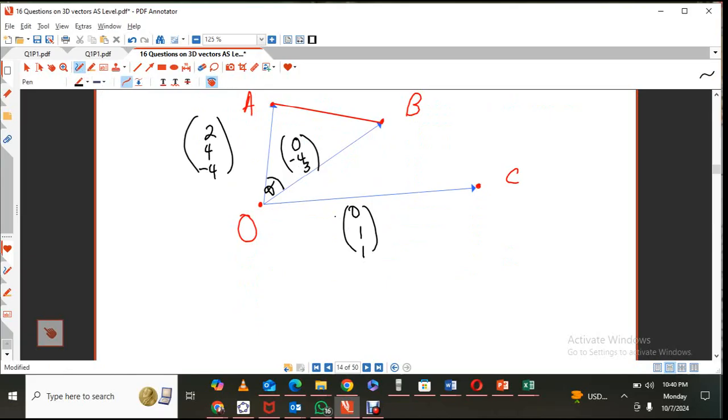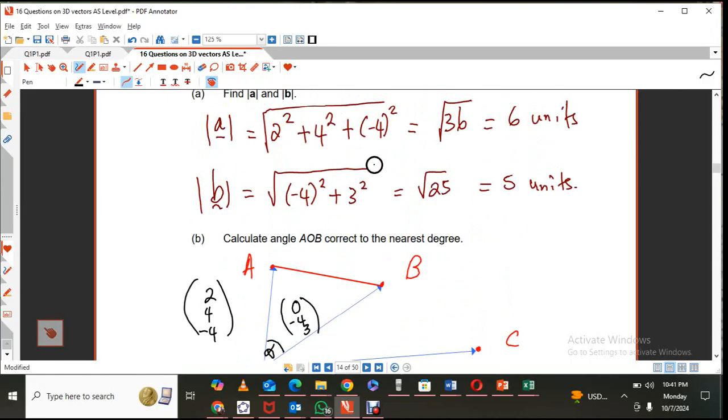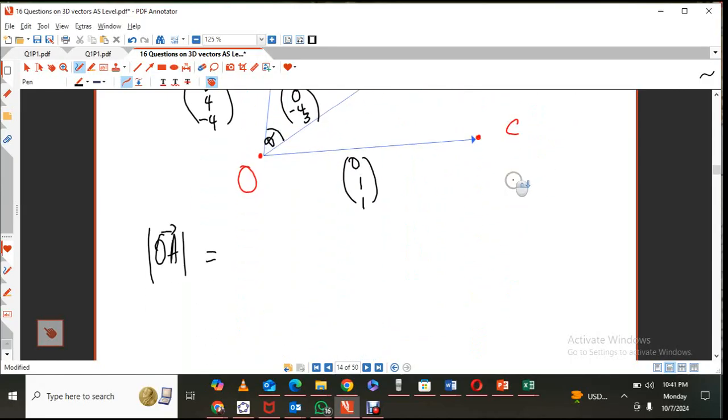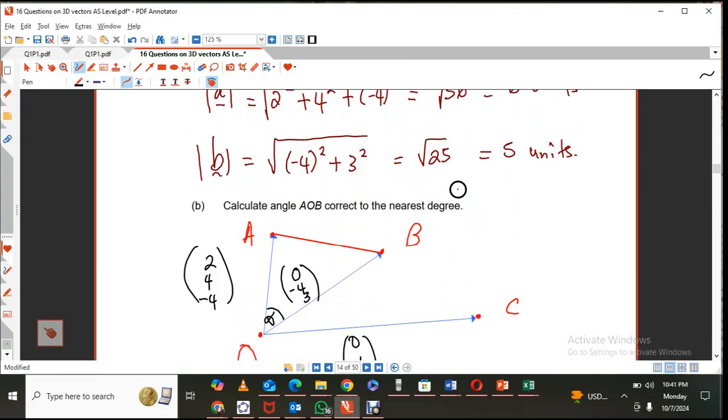So the only thing that we are left to do is we know that the magnitude of vector OA, we worked it out from before, is 6 units. We also know that the magnitude of OB was 5. We've calculated it.